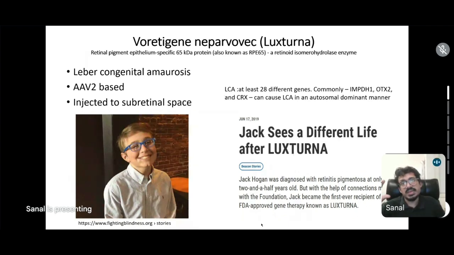So this enzyme is a retinoid isomerohydrolase enzyme. Without this enzyme, the photoreceptors will not function properly. So the first gene therapy used, which was successful, was marketed as Luxturna. It was one of the most costly gene therapies.